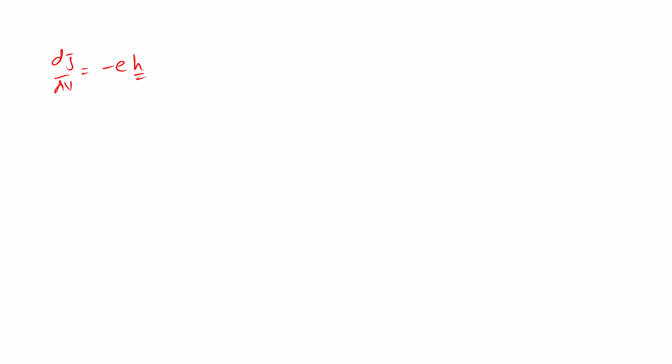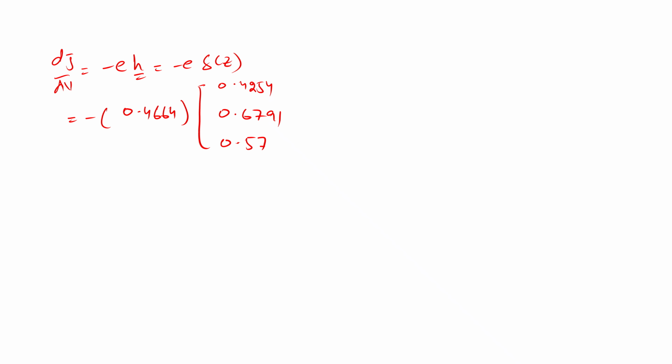This is actually the activation, right? So let me put the values here. This is minus, what was the value of e? 0.4664, I think, and the sigmoid was 0.4254, 0.6791, 0.5746.